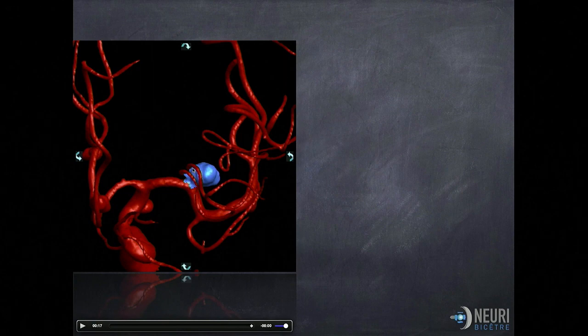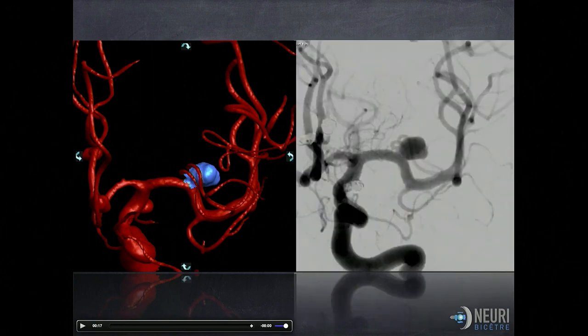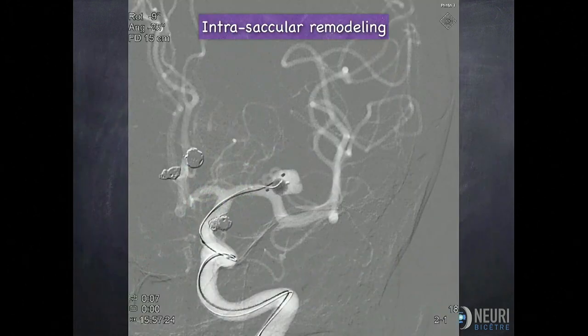This is the working projection of this view. You have to try to preserve the neck for this lenticulostriate artery. And we used a balloon which is inflated inside the sac of the aneurysm. And believe me or not, it took a long time to place the first coil.